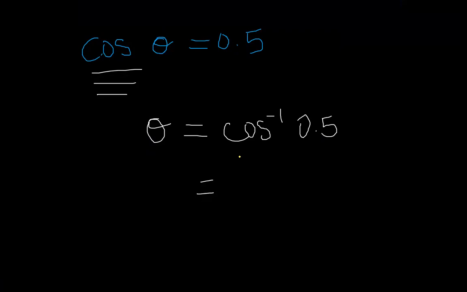But cos pi on 3 is equal to 0.5, not pi on 6. Pi on 6 is root 3 on 2. But that's special angles. We're not there yet. But yes, we're learning special angles just now, right? But no, it's pi on 3 that gives 0.5.